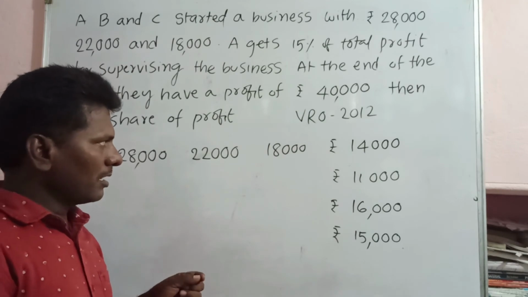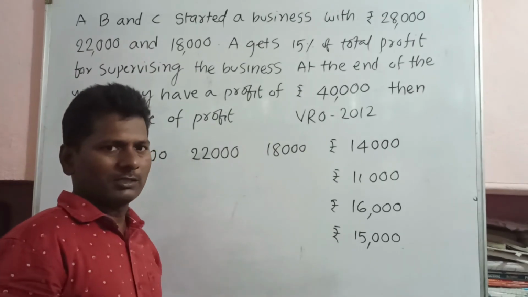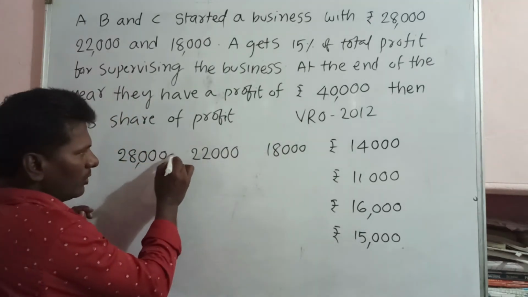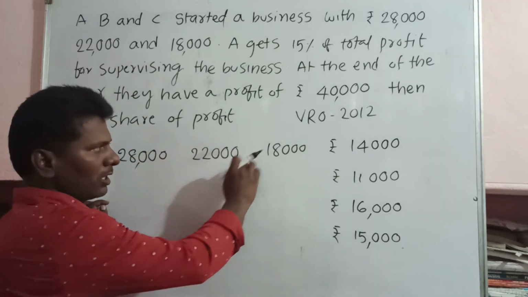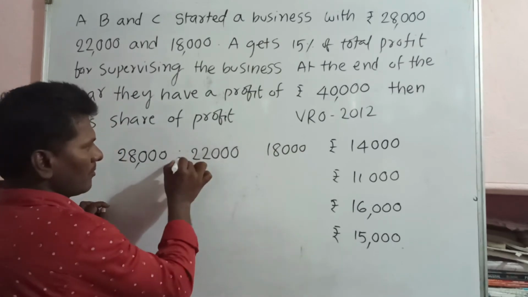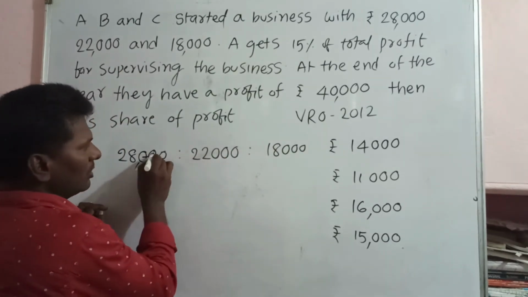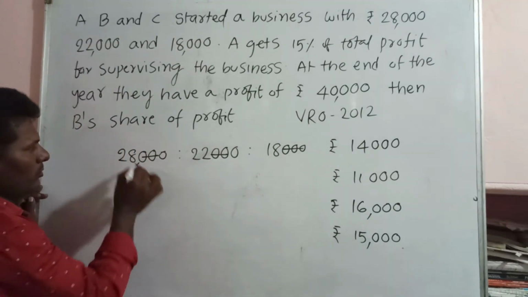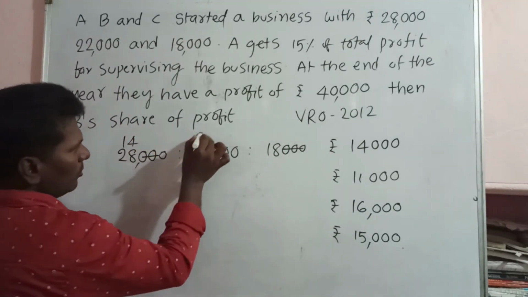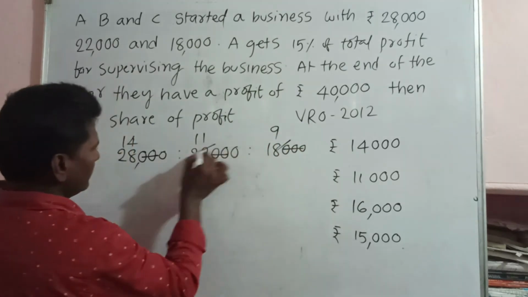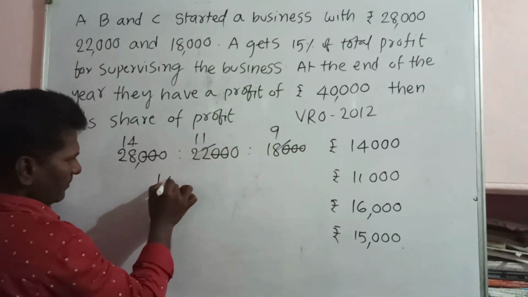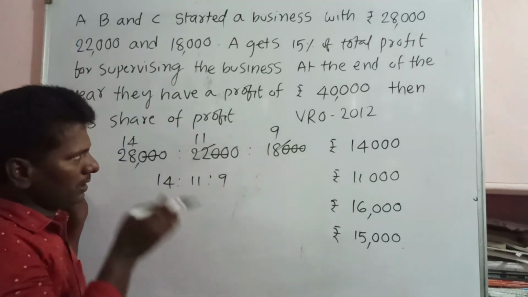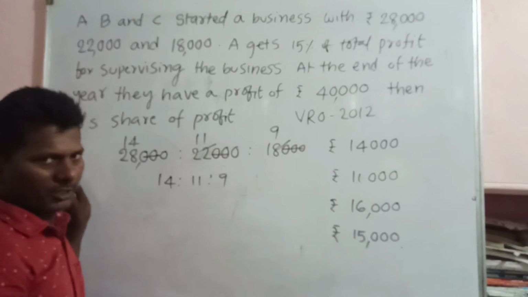All were in the business for 12 months, that means 1 year. So here you need not write 12 months into 12 months into 12 months. Cancel these 3 zeros. Again I am dividing by 2: 2 14s, 2 11s, 2 9s. 14 is to 11 is to 9. In this ratio, the profit must be distributed.